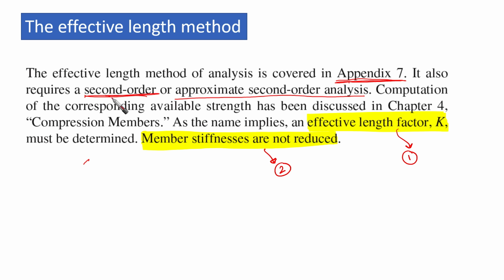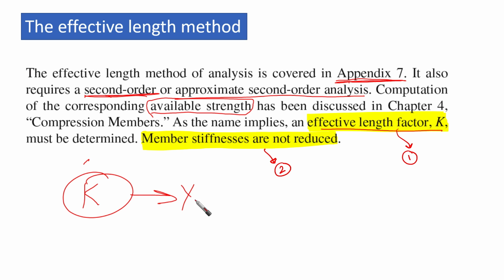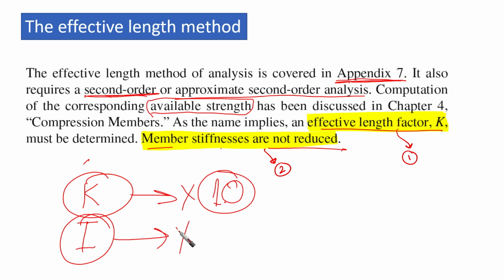Computation of the corresponding available strength has been discussed in chapter 4, which is compression members. As the name implies, an effective length factor K must be determined. It's not 1 as we said before in the direct method. And the member stiffness, the I, are not reduced as before.